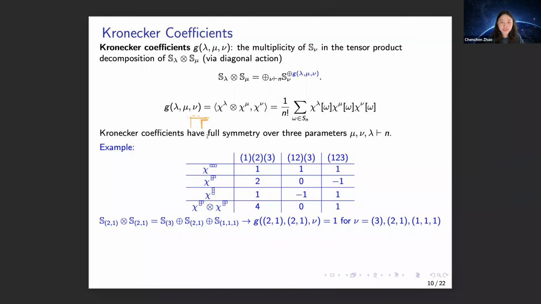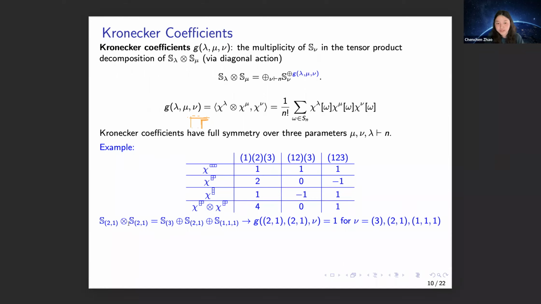And here's an example to compute it using a character table. If we are doing the tensor square of chi 2 1, then we are just squaring this second row here, and we are going to get the last row. So we are squaring 2, 0, minus 1 to obtain 4, 0, 1. If we make some observations through this table, this 4, 0, 1 is the sum of the previous 3 rows.